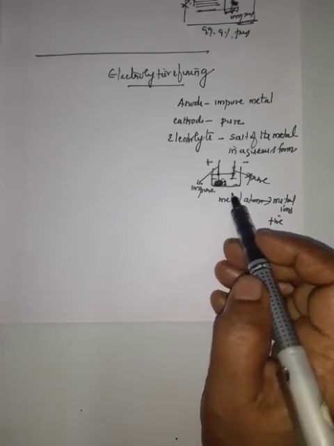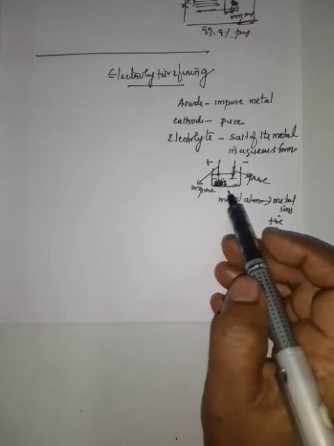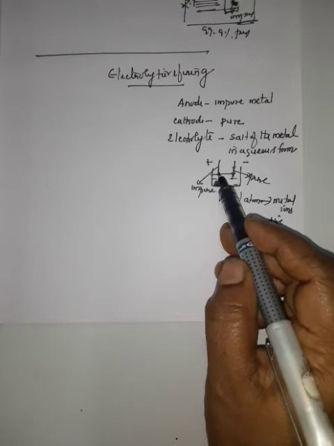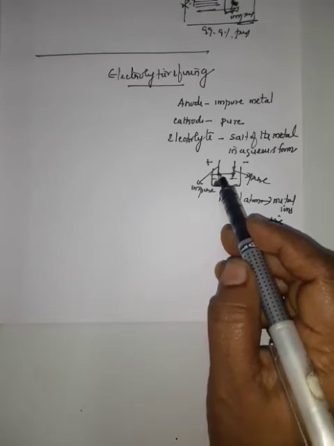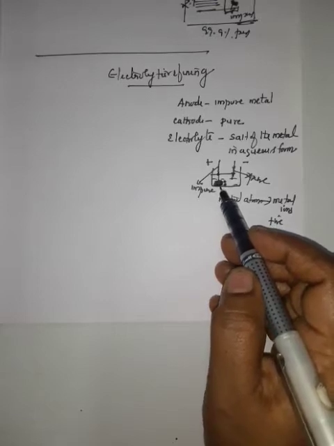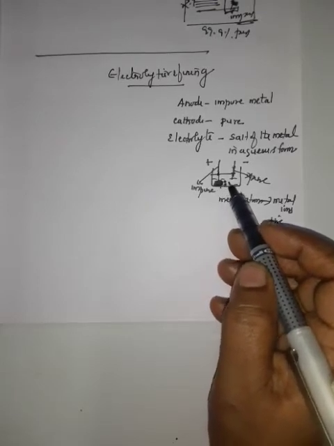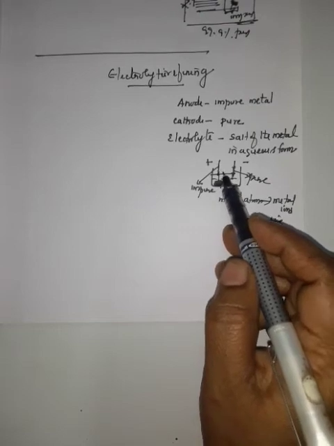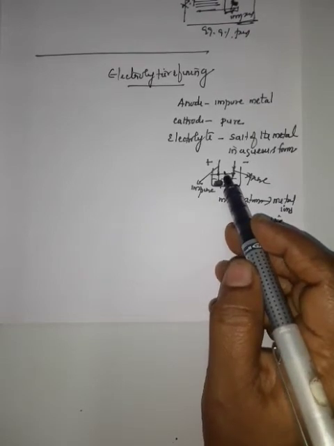So a question will be asked: what is meant by anode mud? The impurities present in the anode which are less electropositive all fall down as anode mud. For example, this process is meant for refining many metals: copper, zinc, silver, etc.